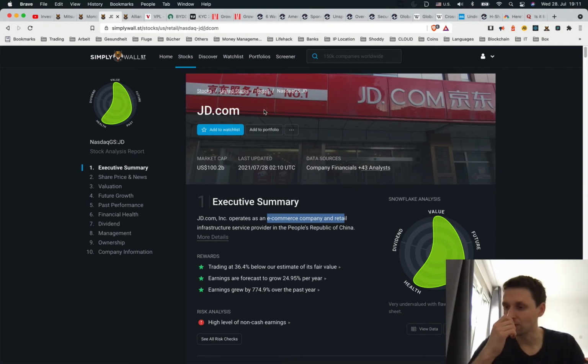If you're new to investing and you've only bought from your local stock exchange, for example, if you're located in the United States, then you've probably only bought stocks from Nasdaq or the NYSE, the New York Stock Exchange. So buying a foreign stock is a bit tricky. You need to know a bit more.